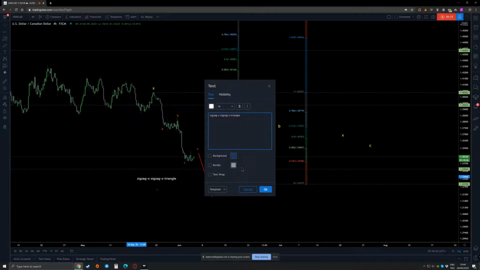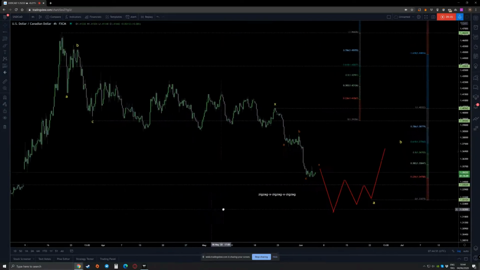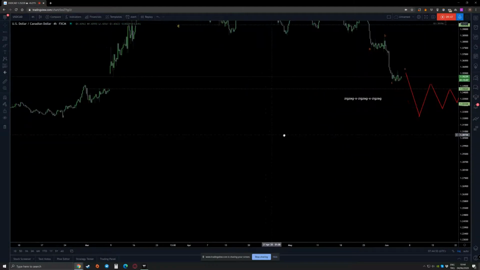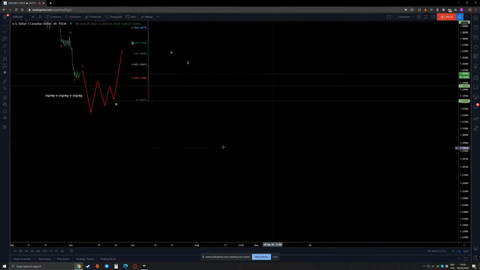We can even have a triple zigzag actually, if we can still go in this type of bearishness. And we can have a triple zigzag, ABCX, ABCX, ABCD. Now that will destroy. If you're bearish US dollar and if you're bullish Canadian dollar, then it's a pretty good trade. It will go on forever.